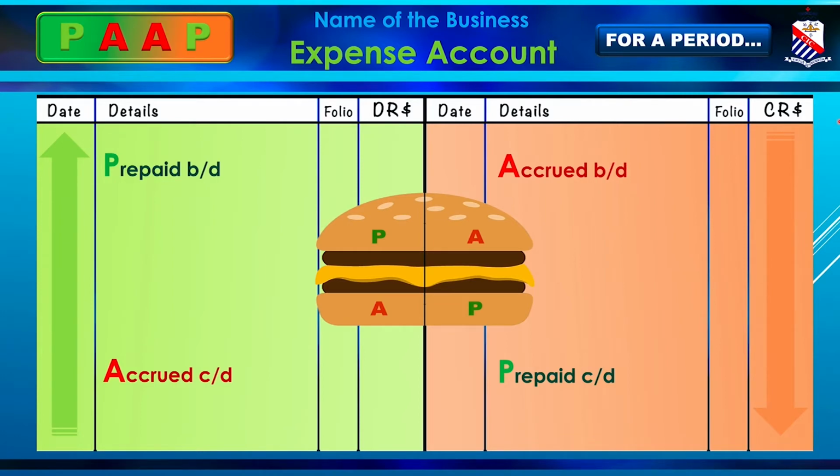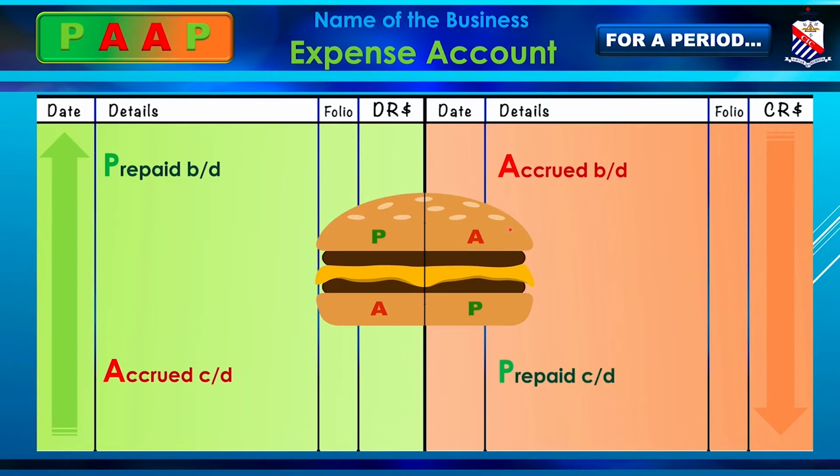And then your next two, A and P, would be your bottom bun, which would be this and this. So you would have your A and your P. So P, A, A, P. And it doesn't matter which way you take it, but it's always PAAP. So it will always be your PAAP burger or your PAAP.